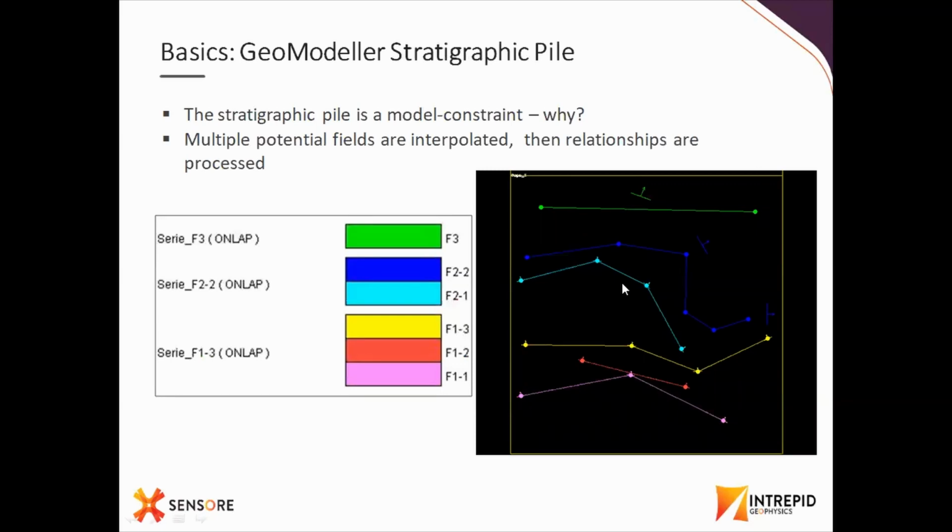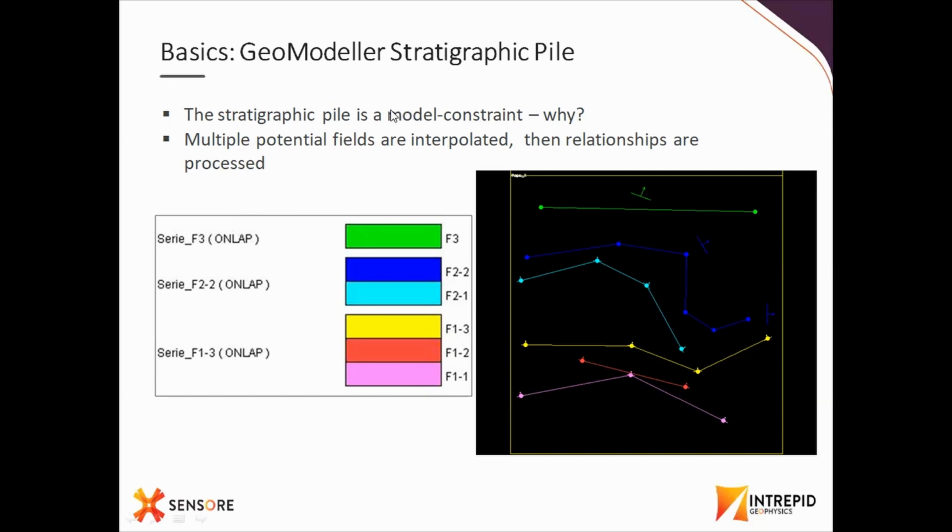I'm just going to talk about the basics of the stratigraphic pile. Any model needs a series: how many sequences, how many formations there are, and what the relationships are between these formations or sequences. We call it setting the stratigraphic pile, which is also a model constraint.